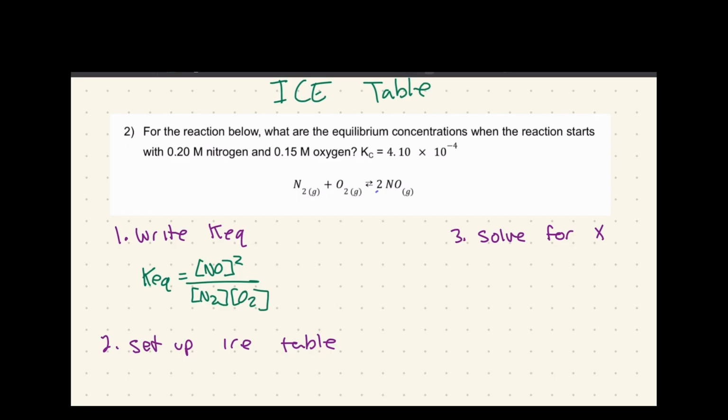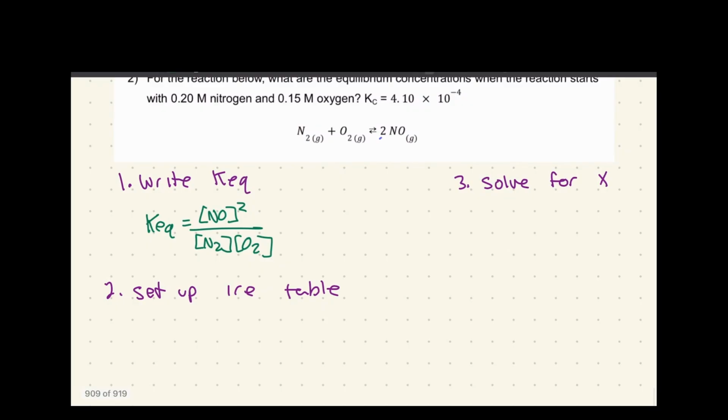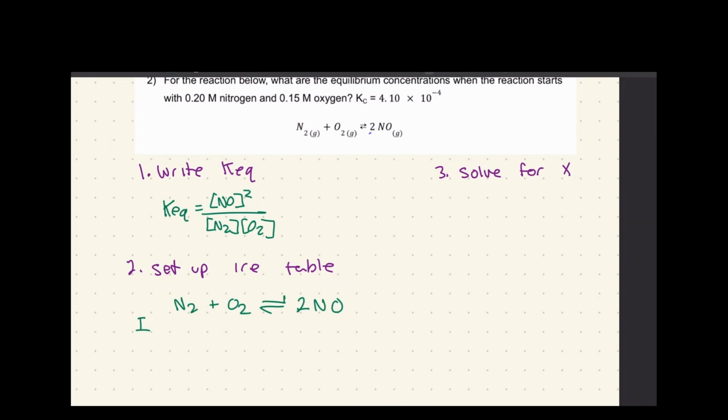Here it's asking me what are the equilibrium concentrations. So I'm going to need to make an ice table. I'm going to start by writing my reaction. An ice table is going to be initial, change, equilibrium. I start the reaction with 0.2 molar nitrogen and 0.15 molar O2.